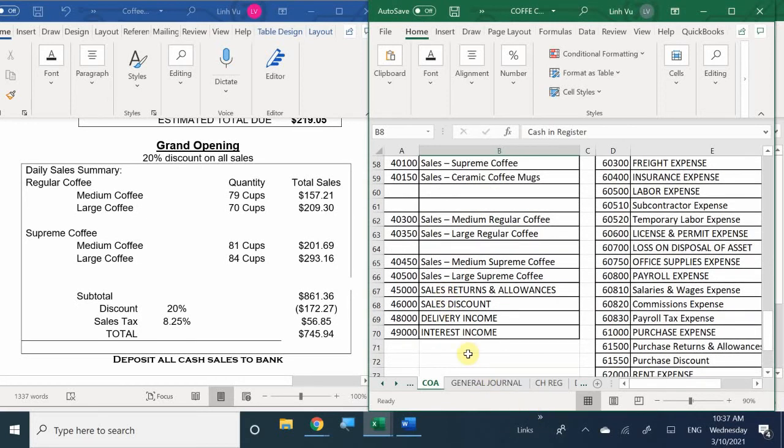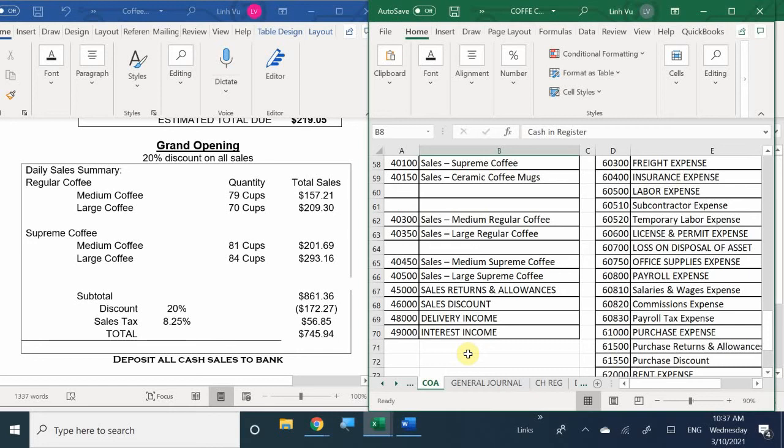It is very specific. So what do we have here? We have sales medium regular coffee, sales large regular coffee, sales medium supreme coffee, and sales large supreme coffee. So yes, this is very tedious.